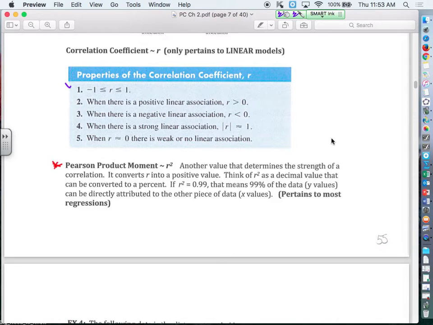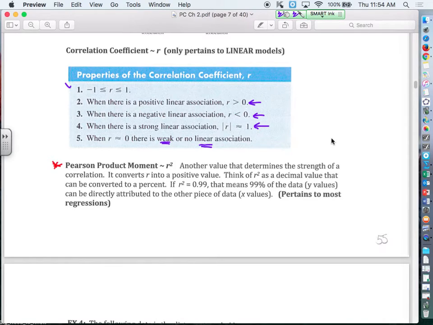The closer that value is to 1, the stronger the correlation. If you end up with an R value of 1, that means it's a perfect correlation. All of the points you've collected are on the same line. You could have a positive or negative correlation depending on whether R is positive or negative. The closer R is to 0, you're going to have either a weak or no linear association at all. So you want that R value to be close to 1.